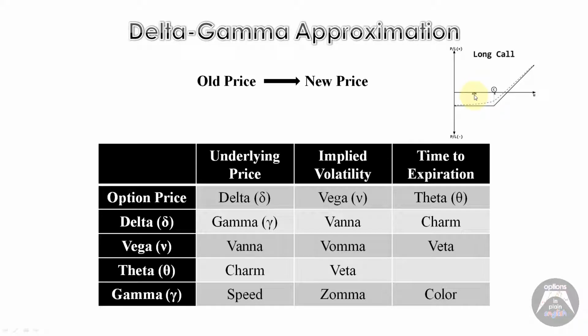Let's say this call has a 30 delta when we initiated the position. As price starts moving closer and closer, if the price reaches the strike price, then we're going to have a delta of approximately 50. So we start at 30, and now this call has a delta of 50.